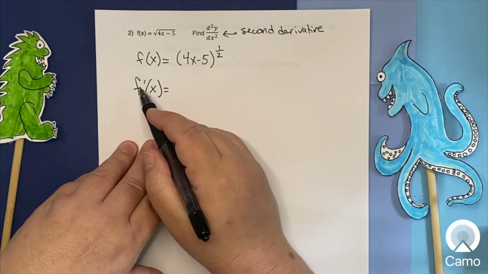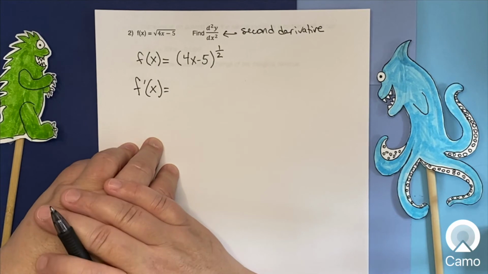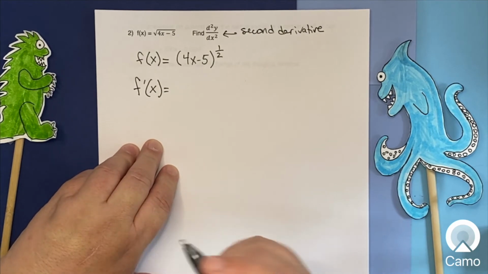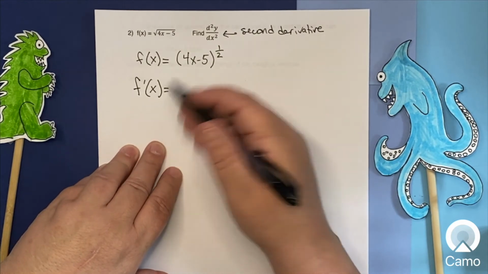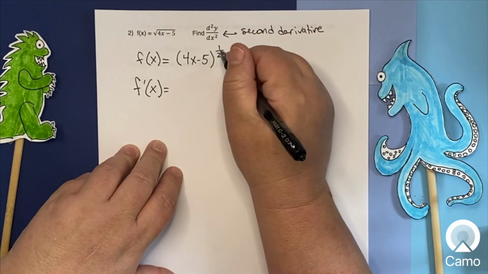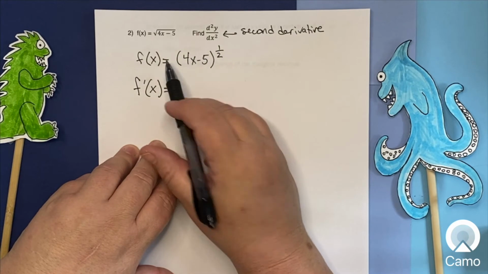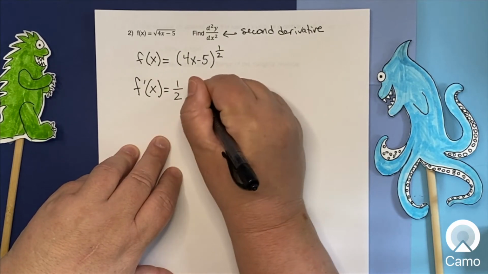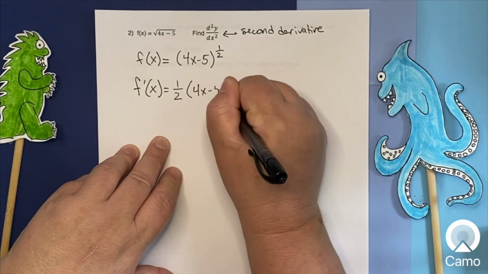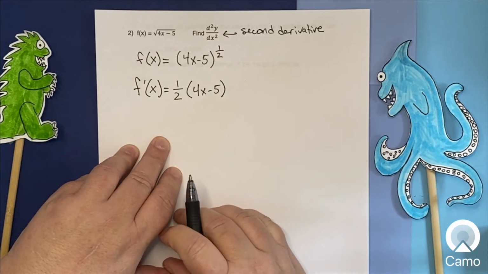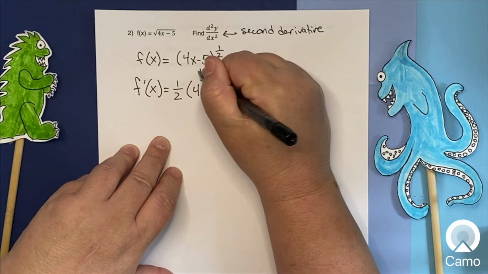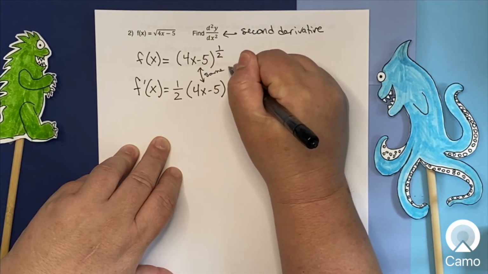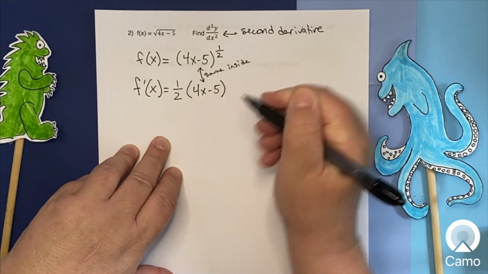Okay, so first thing that happens is, remember, the 1/2 comes down just like a regular old differentiating a power. So this stays the same. Remember, the inside stays the same. And then you take the original exponent and subtract 1. Then you multiply by the derivative of the 4x minus 5.